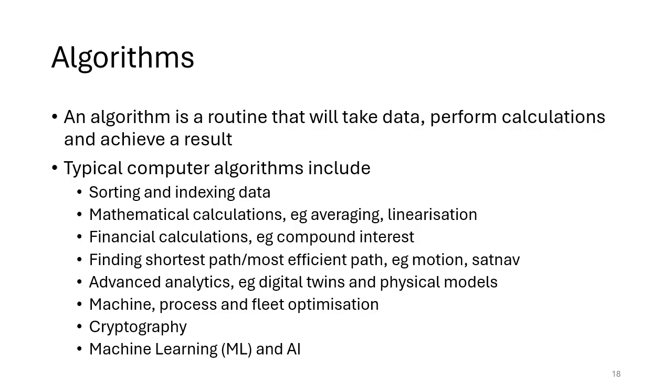We have advanced analytics, for example, digital twins and physical models of equipment. There might be machine, process or fleet optimization. Cryptography uses some quite complex algorithms. And then you get machine learning or ML and AI type applications, which are also examples of algorithms. Other algorithms might include things like social media. So when you're looking at social media, you have a feed, and the algorithm puts up something that you might want to see next.